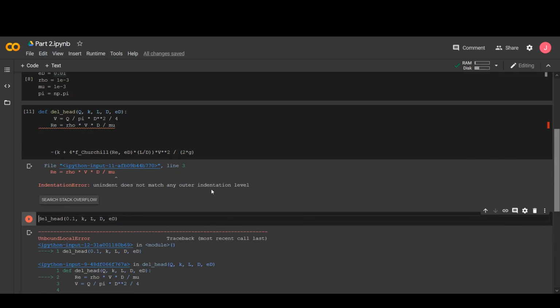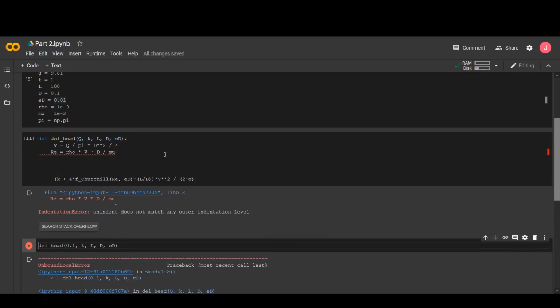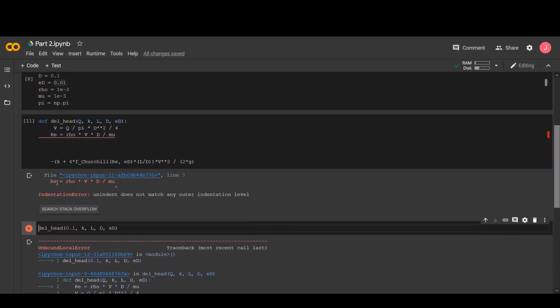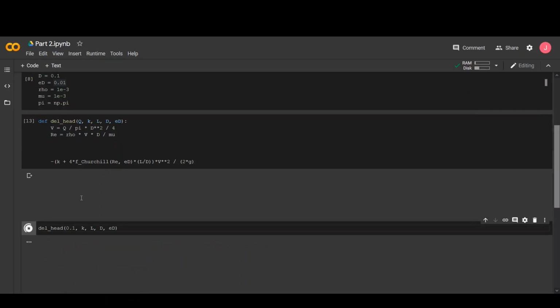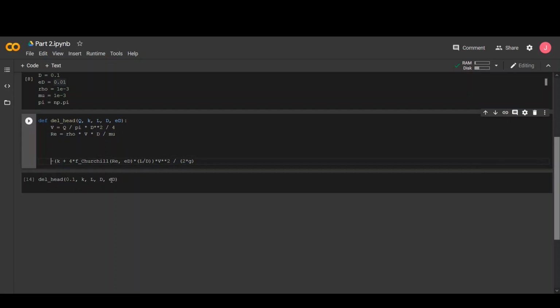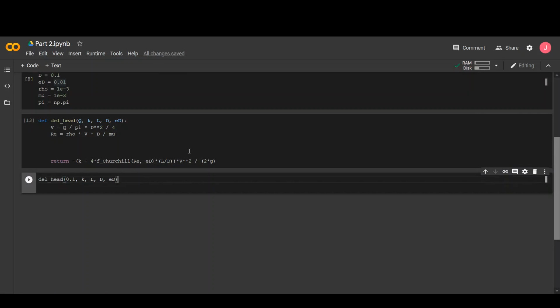An indent does not match any other, does not match outer indentation level. Okay, so it seemed to work. So we didn't get an error there. Let's see if we get something that seems reasonable.